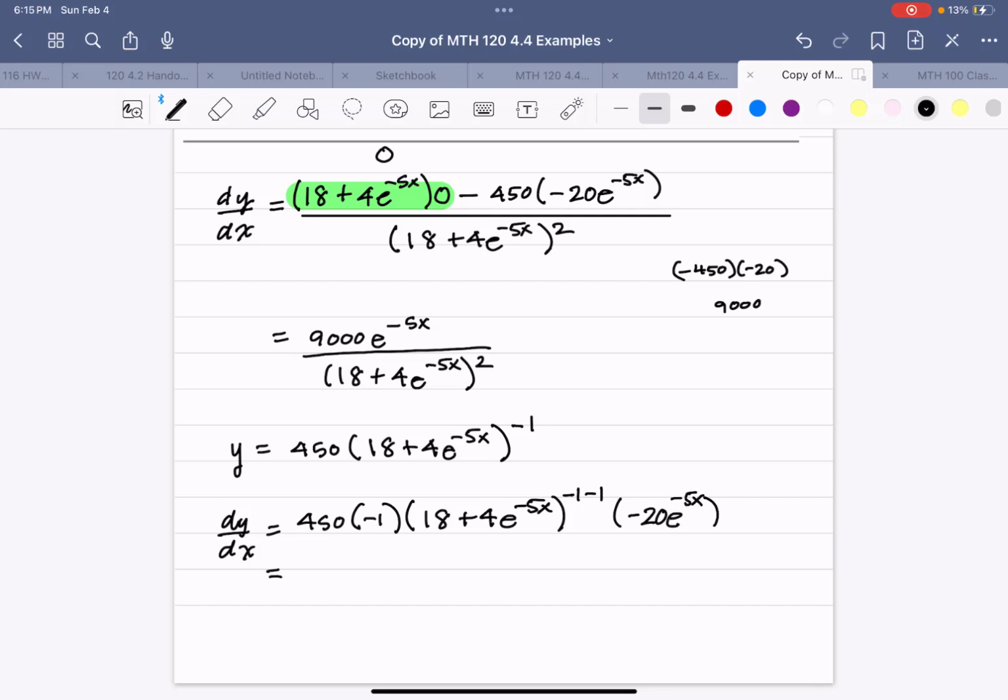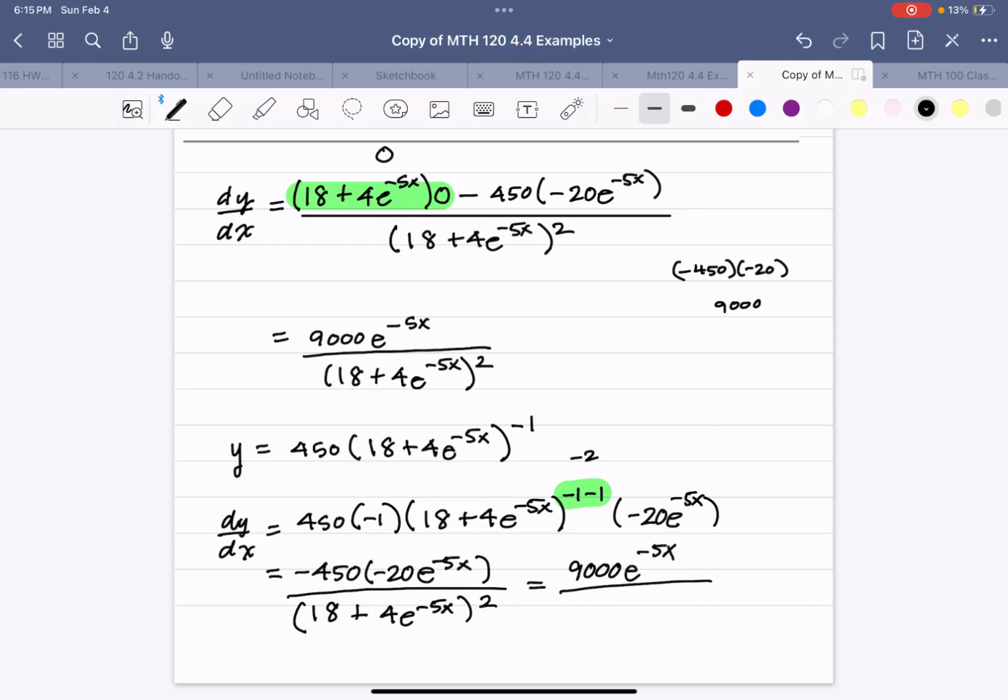And so we end up with a negative 450, a negative 20 e to the negative 5x, and because this is a negative exponent, that's a negative 2, this whole base, 18 plus 4e to the negative 5x, will go to the denominator with a positive exponent. And then simplifying my numerator, negative 450 times negative 20 is positive 9,000 e to the negative 5x divided by 18 plus 4e to the negative 5x, all squared.